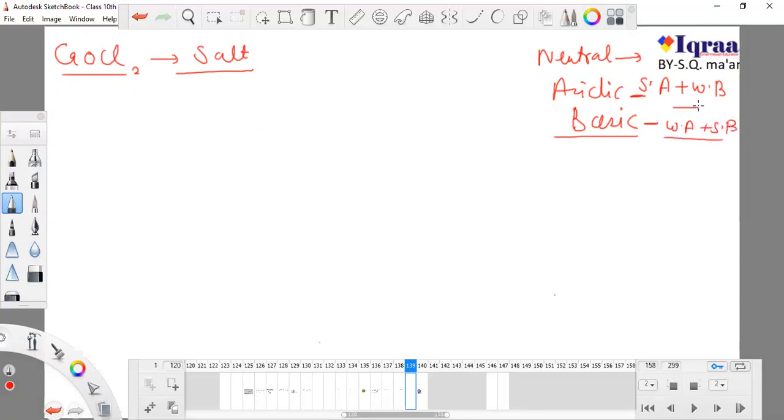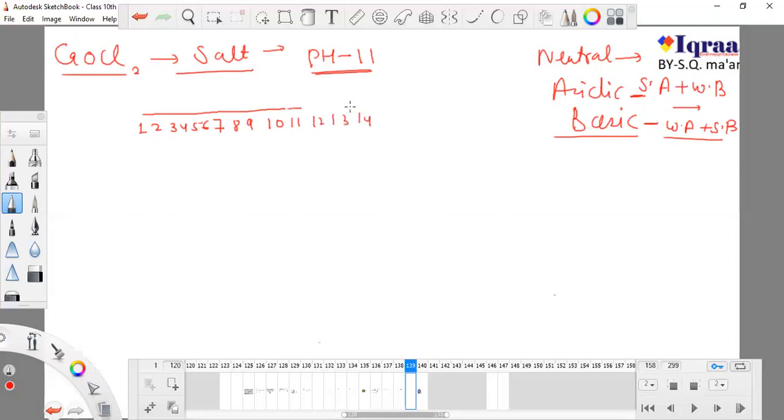So properties are something different. CaCl2 is a salt, but which type of salt is it? Its pH is 11. On the pH scale, 7 is neutral: 1 2 3 4 5 6 7 8 9 10 11 12 13 14.